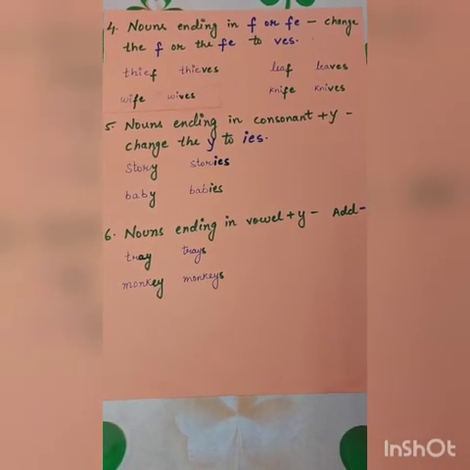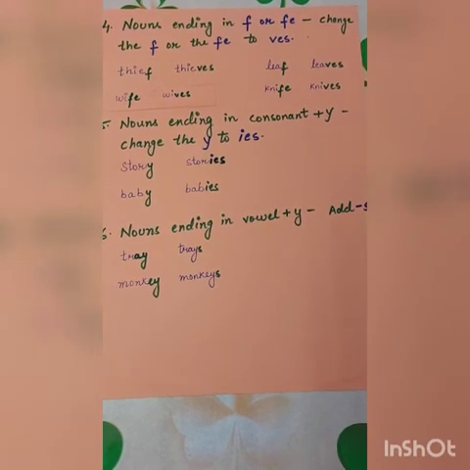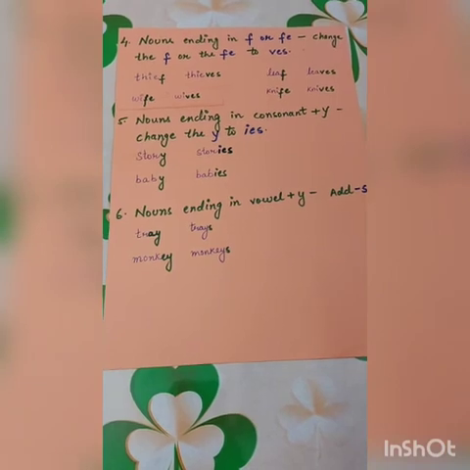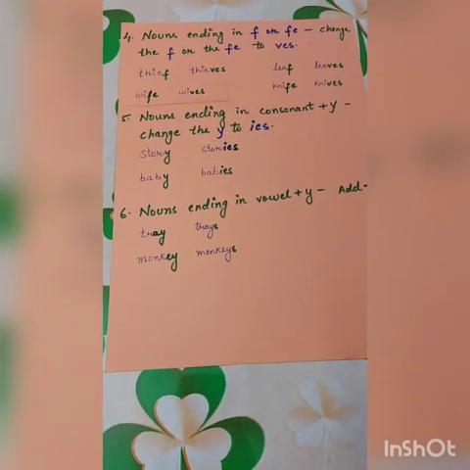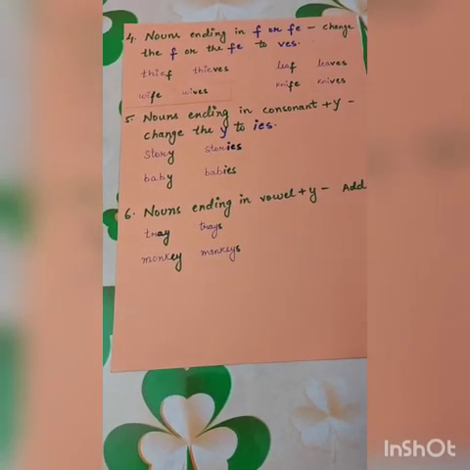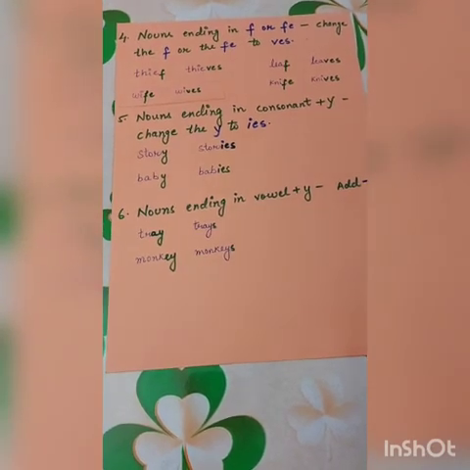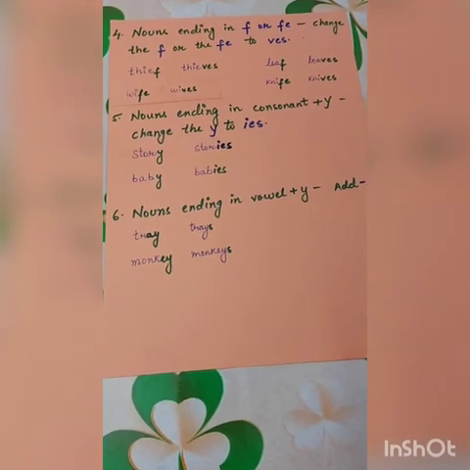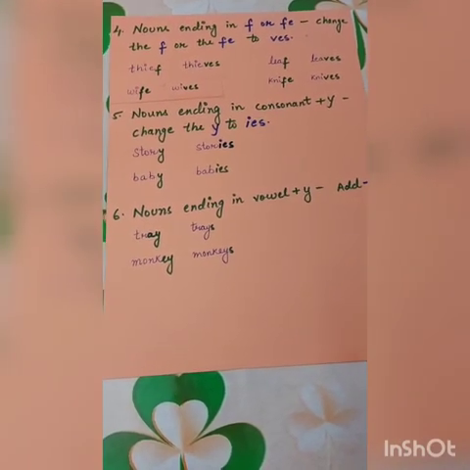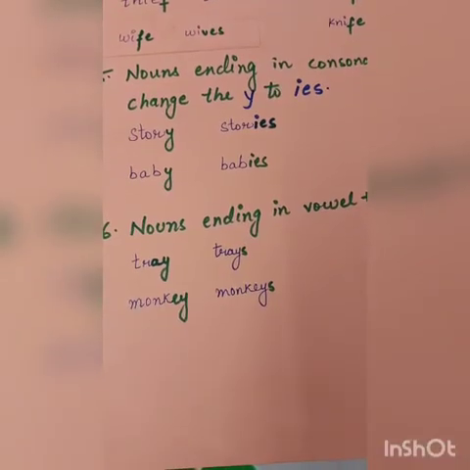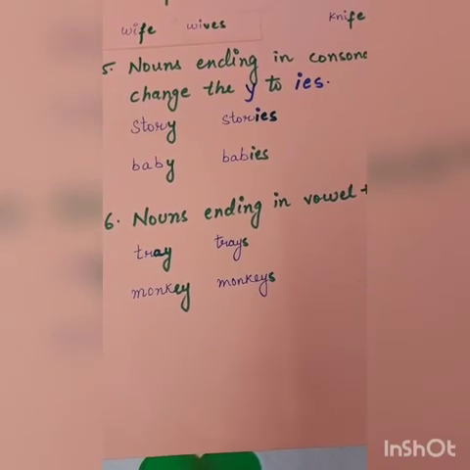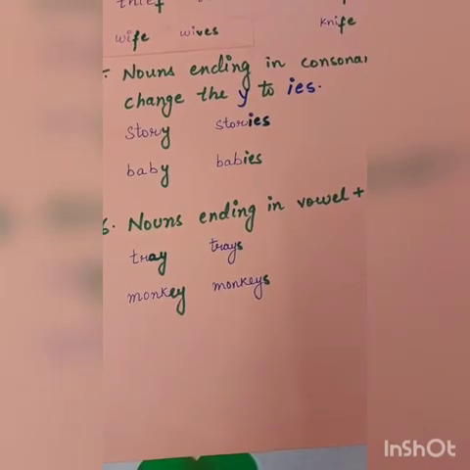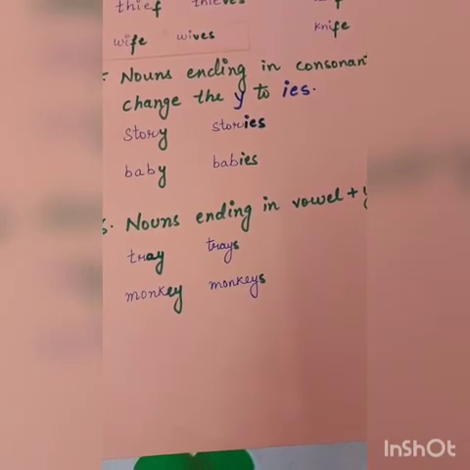Next rule is for nouns ending in a vowel plus Y. So, if a noun ends with Y and Y comes just after a vowel, then the plural is formed by simply adding S to the singular. Now look at the examples. The noun is tray. So it is ending with Y, and Y comes just after the vowel A. So as per the rule, what will we do here?